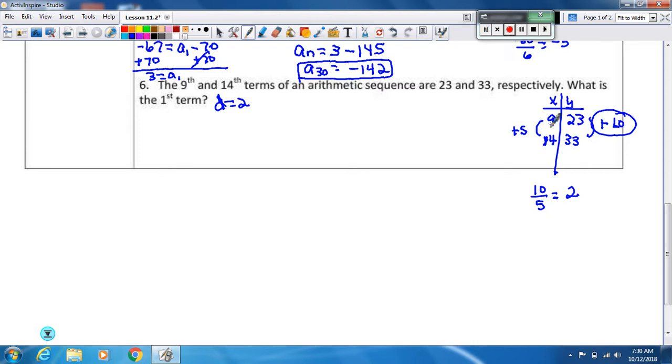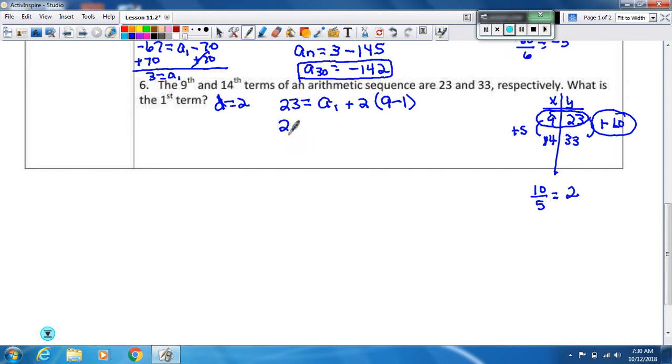So I'm just going to use the first set of points and our general formula to start plugging in the numbers to find A1. So 23 equals the first term, we don't know that, A1. And then the common difference is 2 times, we're looking at the 9th term here, so 9 minus 1.